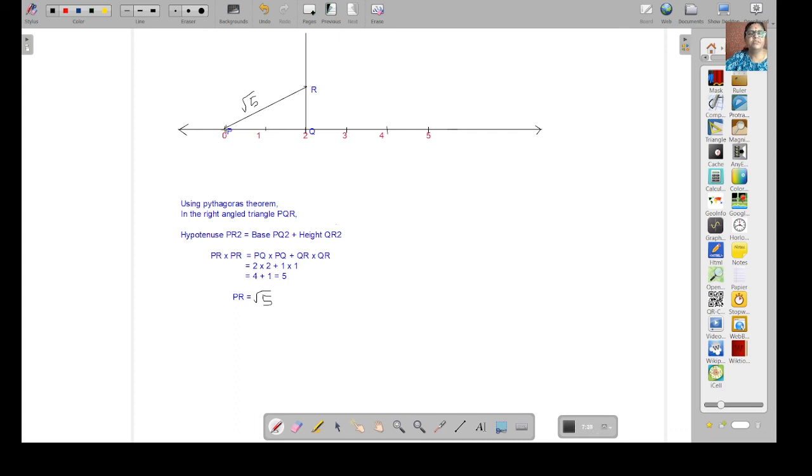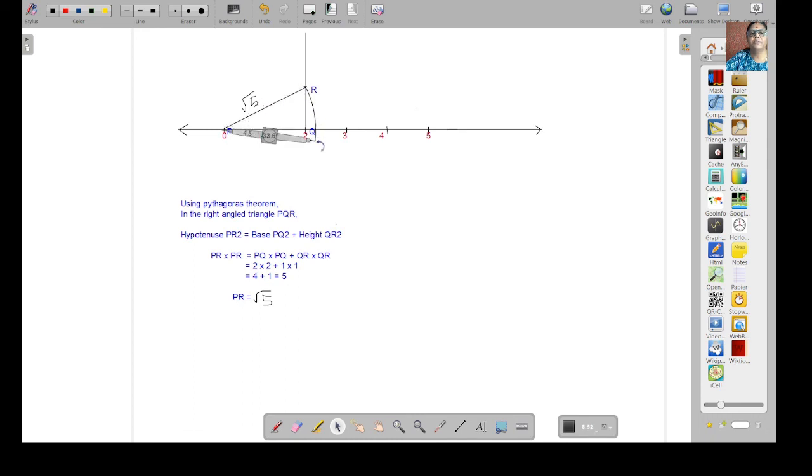Take the compass with P as center and radius equal to PR, that is root 5.